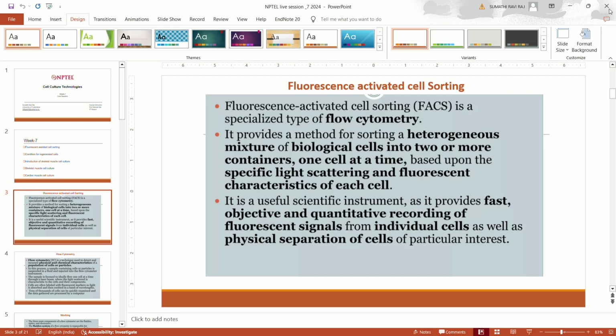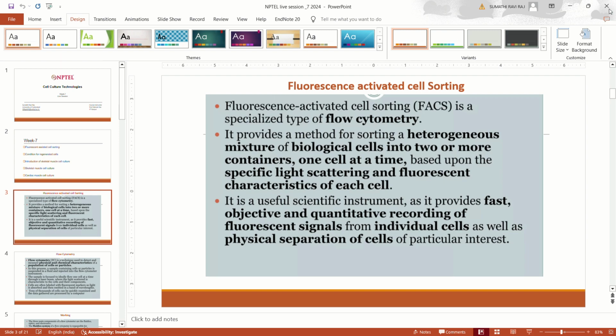So with a heterogeneous population of cells, when you want to isolate one particular cell type, like if you have blood cells and you want to isolate only the T lymphocytes, you will give a characteristic marker of T lymphocytes, a CD marker or anything that is specific to that cell, and we will tag that with a fluorescent tag.